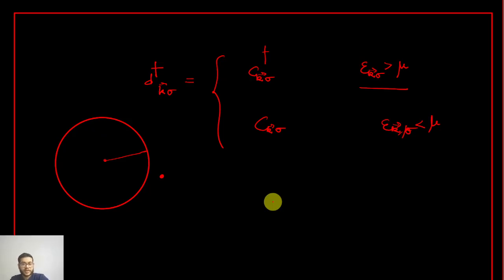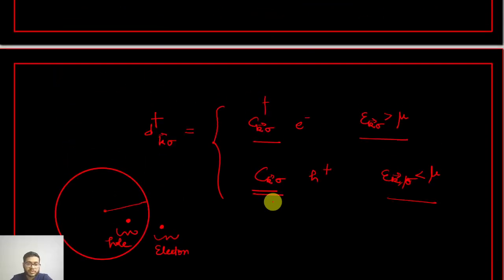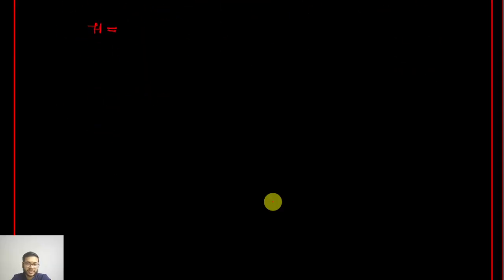There, d_k sigma dagger creates an electron, because it becomes c_k sigma dagger, the electron creation operator. But if you are in a state inside the Fermi sphere, so epsilon_k sigma is less than mu, then it creates a hole. It doesn't create an electron, it creates a hole. So it takes into account both of the excitations, right? This is often called the excitation creation operator. It takes in both the hole picture and the electron picture.